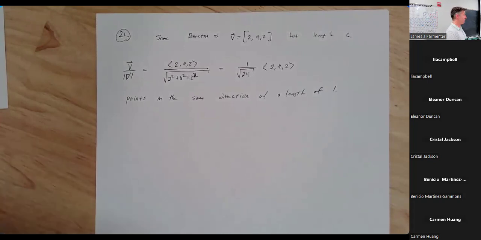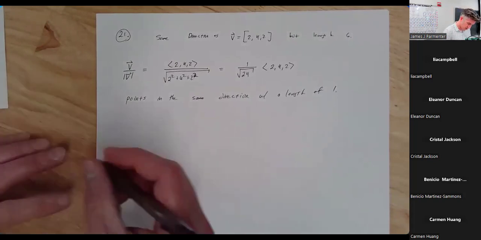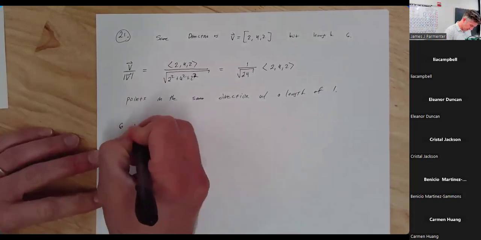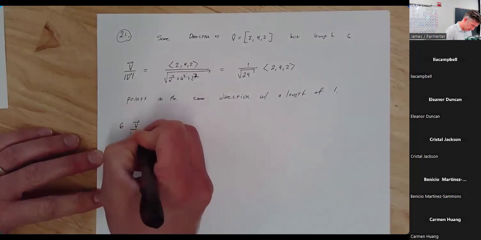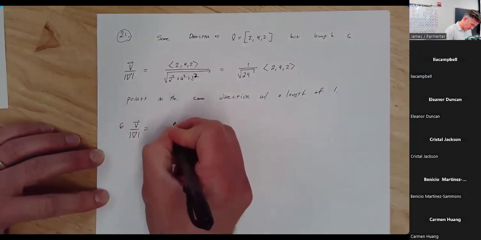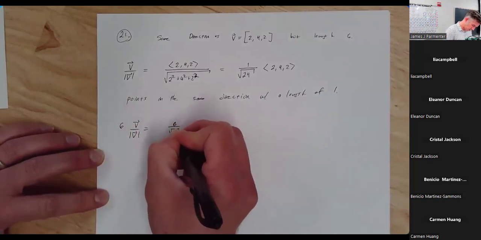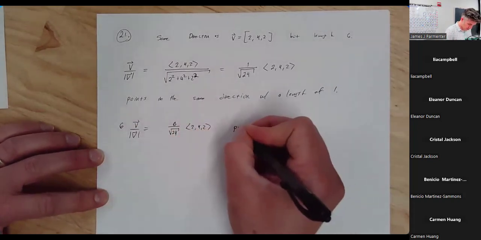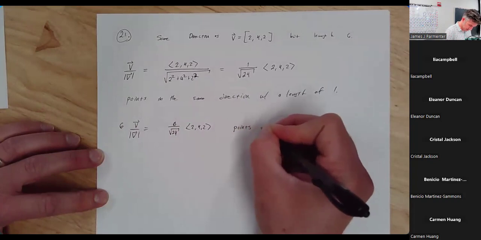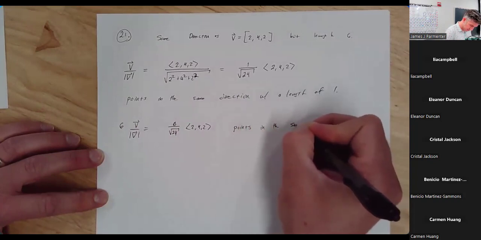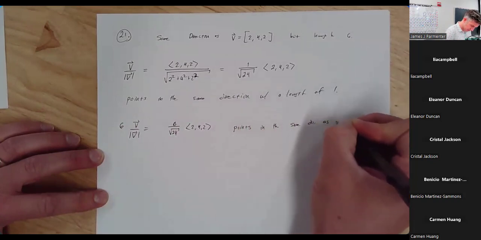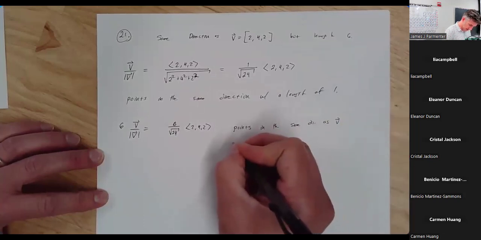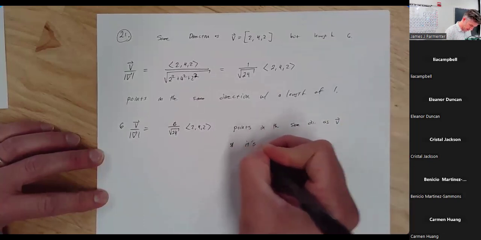So I need to multiply this vector by 6. So 6 times the thing I just found is 6 over root 24 times 2, 4, 2. That vector points in the same direction as V, and its magnitude is 6, or its length is 6.